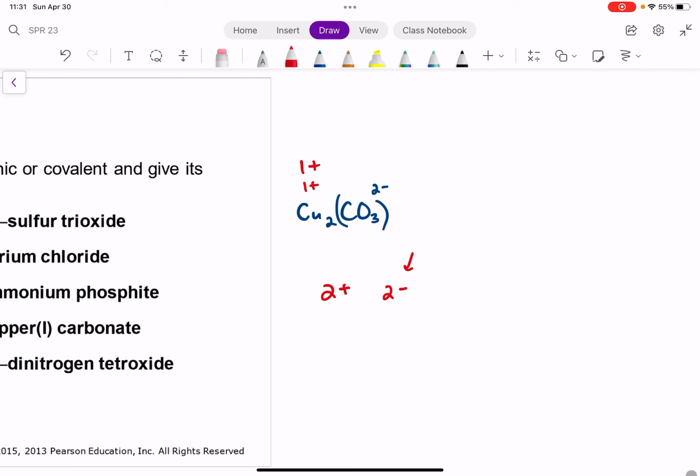If each copper had a 2+ charge, because we have 2 of them, our total would be 4 pluses on the left. That's not going to cancel out with our 2 minus charge on our carbonate. So we must have copper as a 1+ ion, so that those can cancel out.